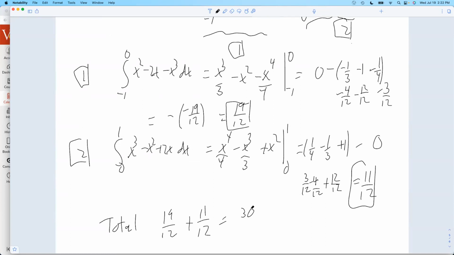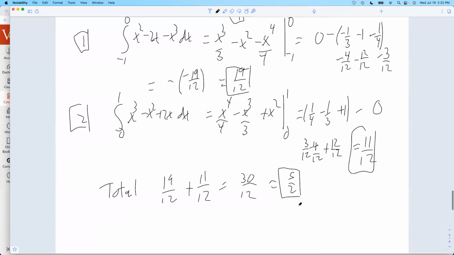I think we get 30 over 12, or 15 over 6. Let's see, what's the biggest thing that goes in there? 6? 5 halves?